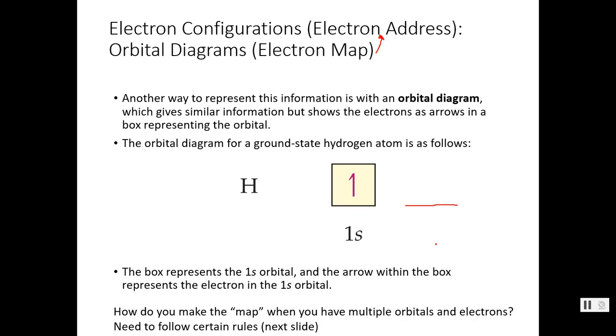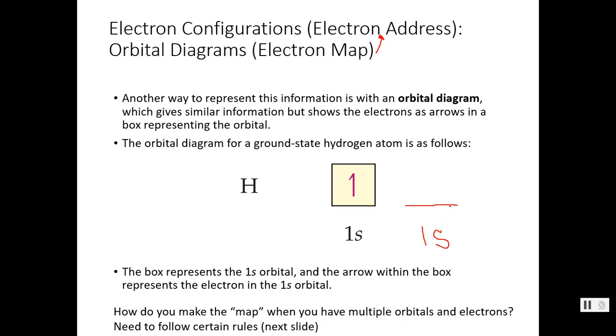So for each orbital, either a box or a line is drawn, and then the notation for that orbital is written below it. So in the case for hydrogen, I have a 1s orbital. So boxes or empty lines for orbitals.